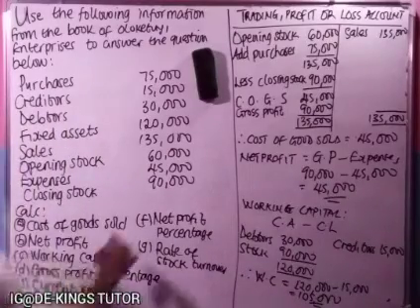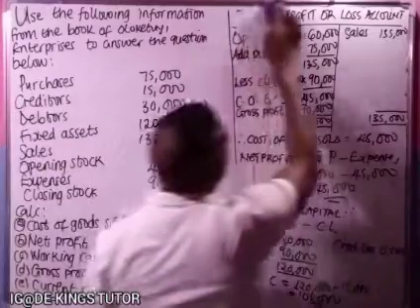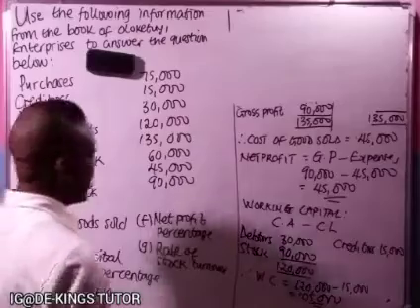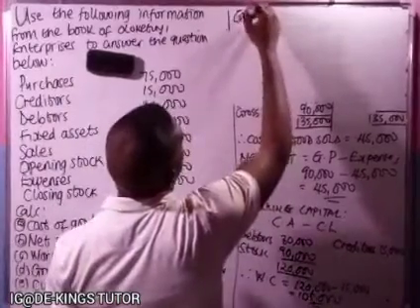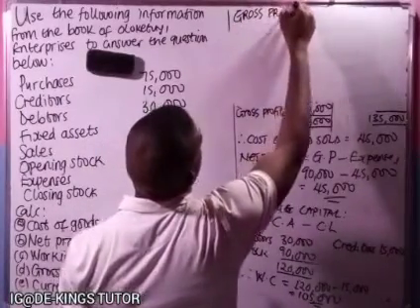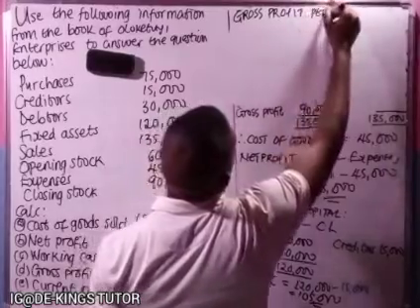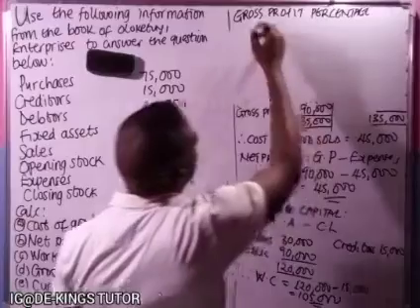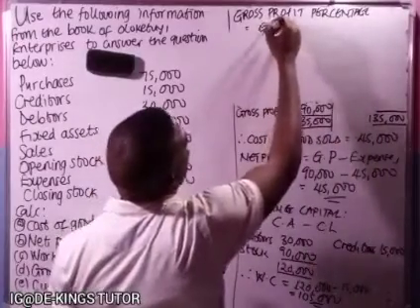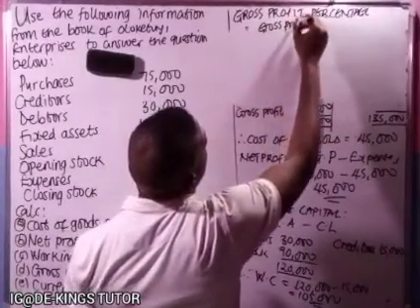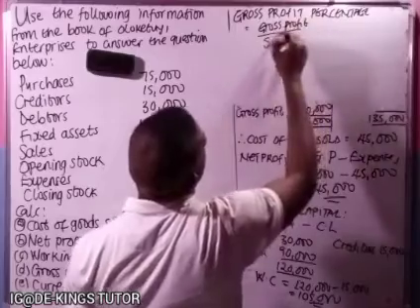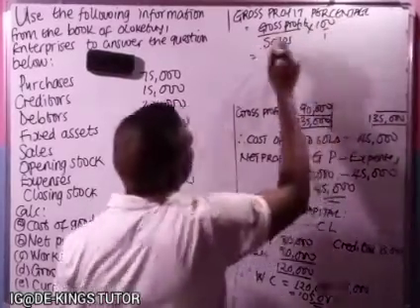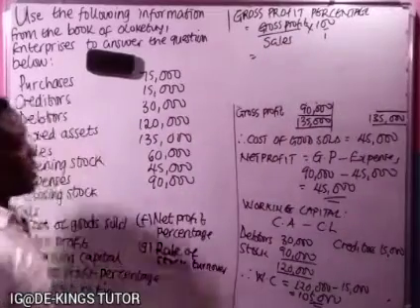Now the next one said gross profit percentage. Now we have done this, check in my channel for markup and margin. The gross profit percentage is gross profit over sales times 100 over 1, and this will be in percentage.